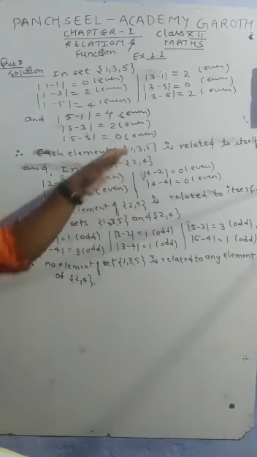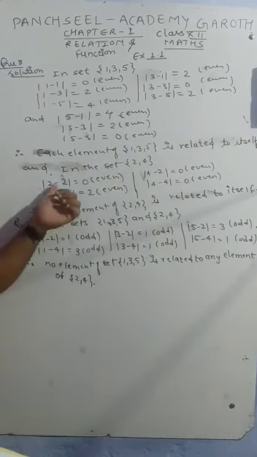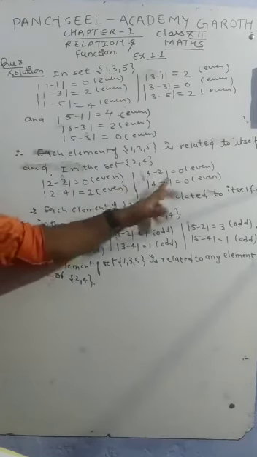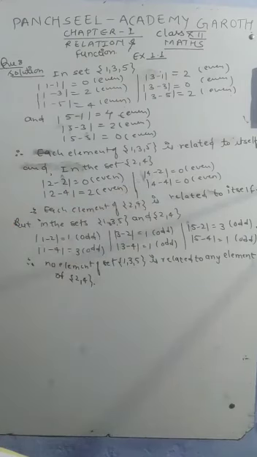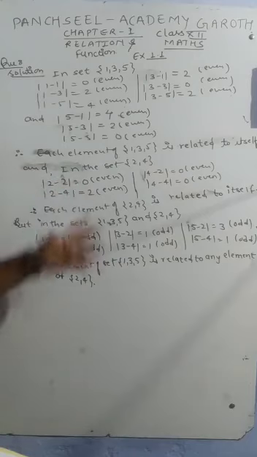That means all are even numbers and it follows the rule. Therefore, all the possible pairs 2, 2; 2, 4; 4, 2 and 4, 4 come in R. Therefore, we can say that each element of the set 2, 4 is related to itself, because according to the relation these give an even number.